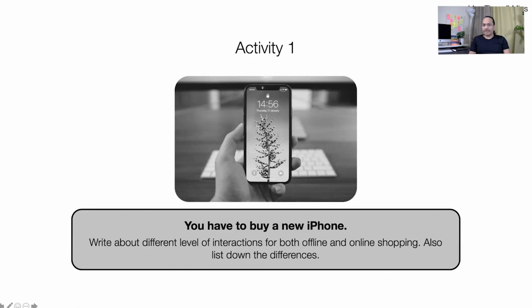If somebody is trying to log in on an application and has entered a wrong password, then giving them feedback that your password or username is wrong is again an interaction, and again an experience, right? In this case, the communication is that you have entered something wrong.